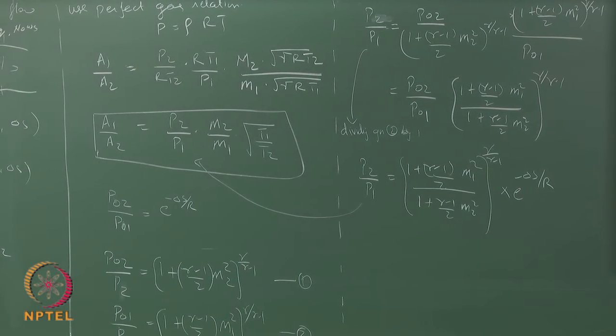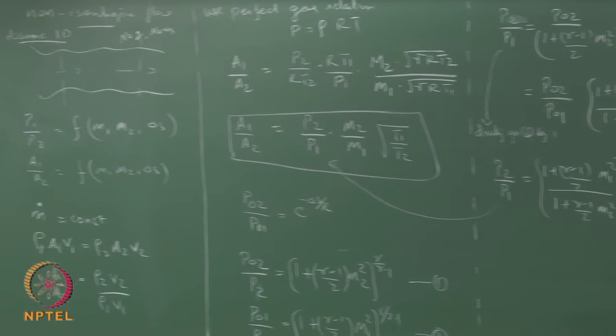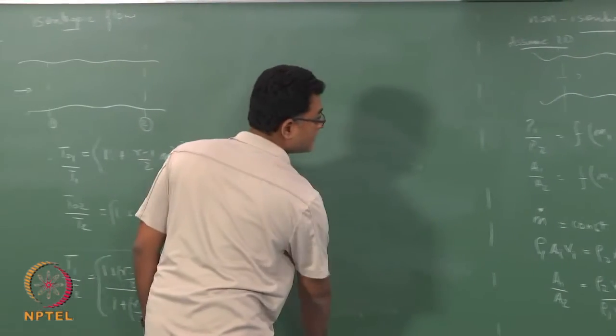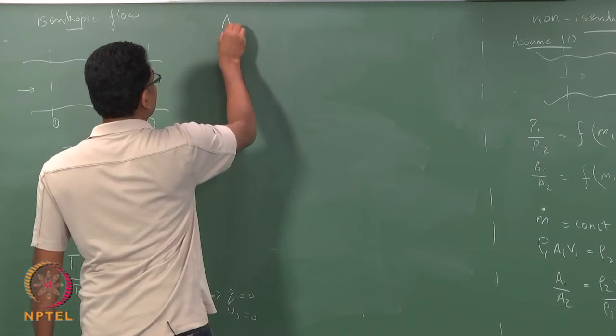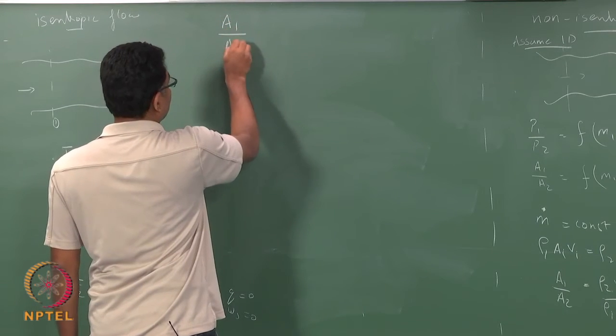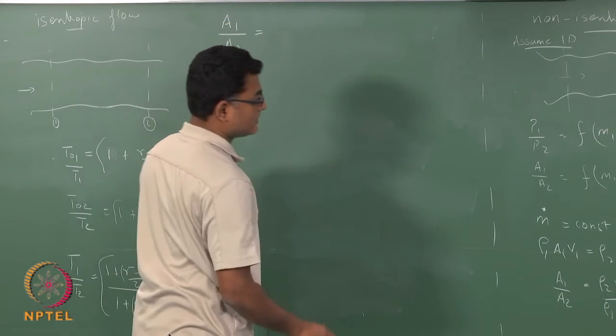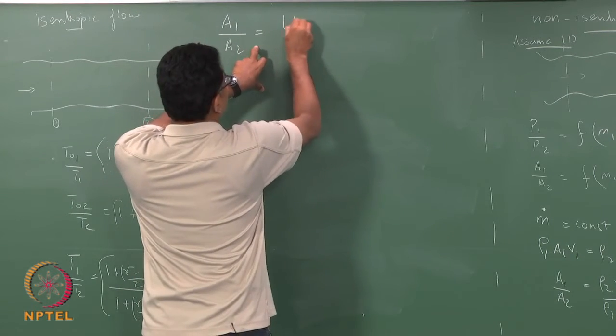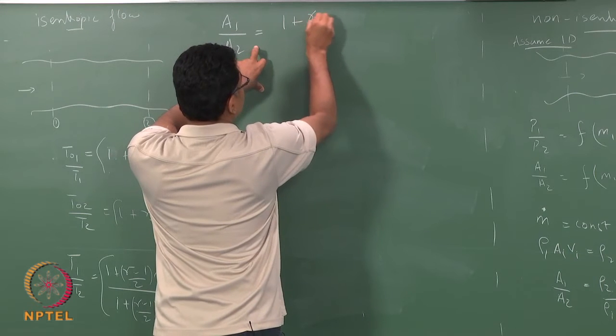So, I am rewriting that equation here. A1 by A2 is P, instead of P2 by P1 I replace that with this equation.